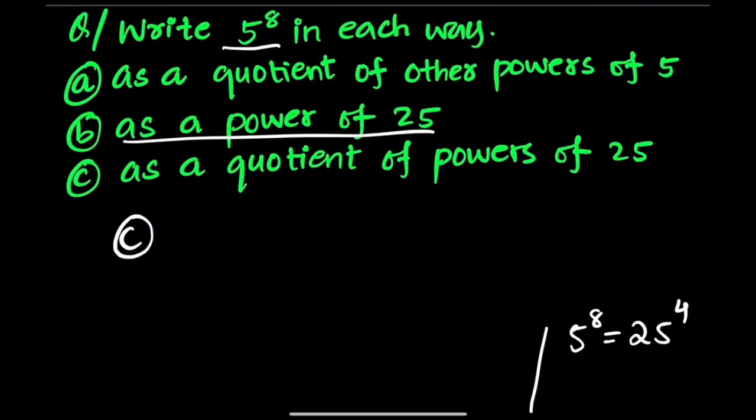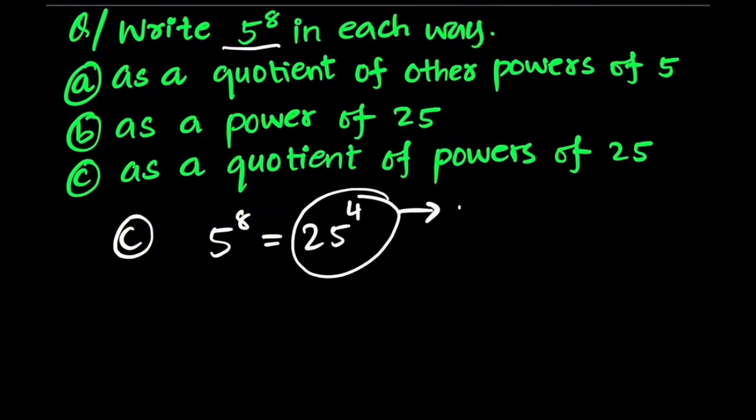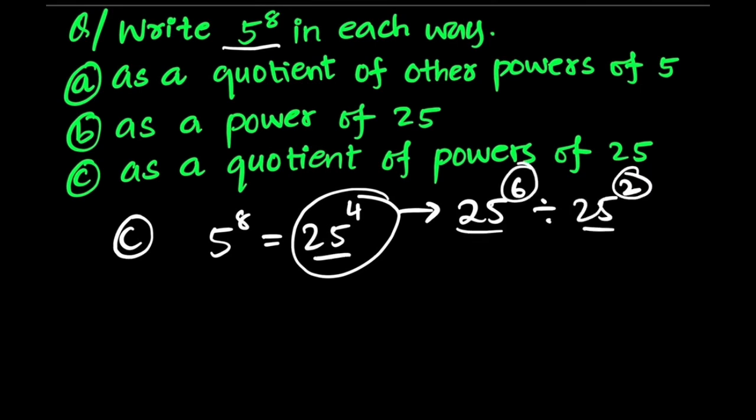Now let's solve part C which says express 5 raised to 8 as a quotient of powers of 25. We know that 5 raised to 8 is equal to 25 raised to 4. So I can write this as 25 raised to 6 divided by 25 raised to 2. The base is still 25, and when you subtract the exponents 6 minus 2 you still get 4.